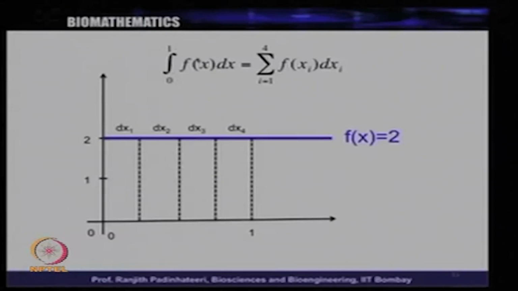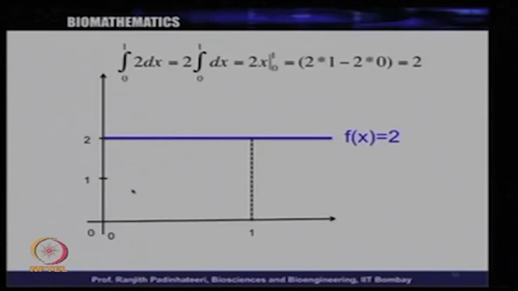If you want to calculate the integral of a function between 2 points, we find the area enclosed between the curve and the x axis, that is y equal to 0. This particular area will give you the integral.